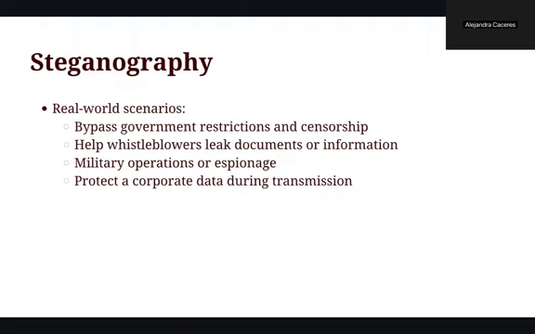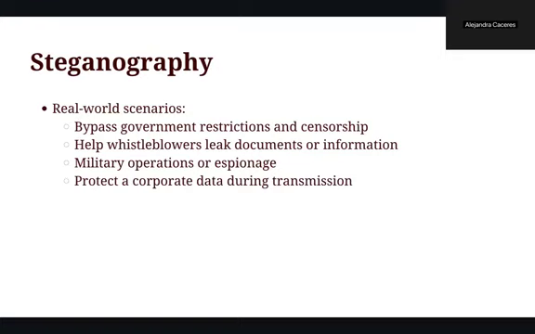And steganography allows information to be transmitted secretly. That's the main idea, without leaving traces or raising suspicion. Some real world scenarios are if there's an intent to bypass government restrictions, censorship, or this can help whistleblowers leak documents or information.